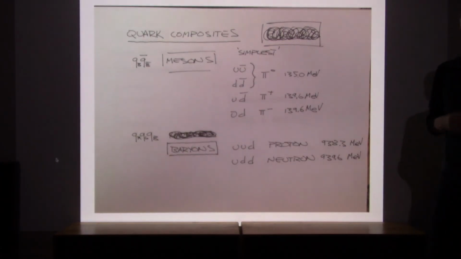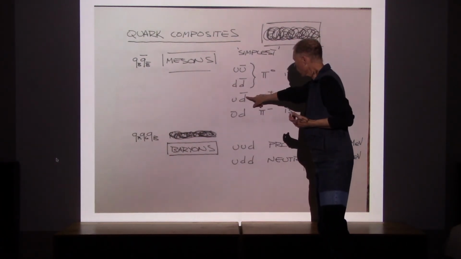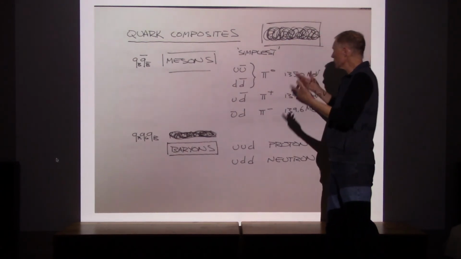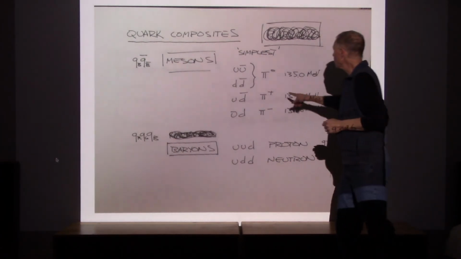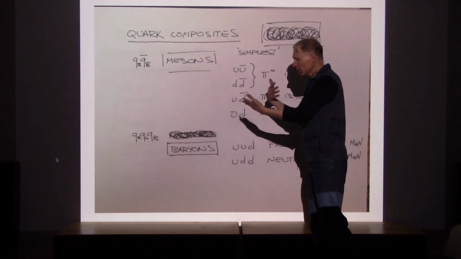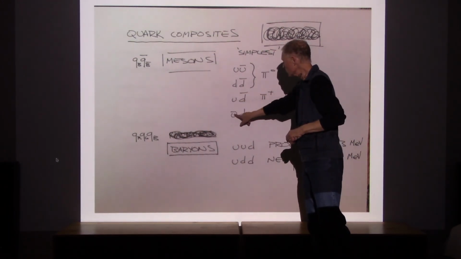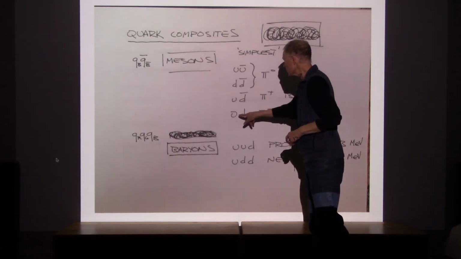So let's see, that would be plus 2/3. Now, the down quark would be minus 1/3, but this is an anti-down, so it's plus 1/3, and that gives it 1 full charge, so that's plus 1. This is its kind of anti-particle. If we reverse the anti-sign, so it's anti-up, and these lines over the top, those are anti-signs.